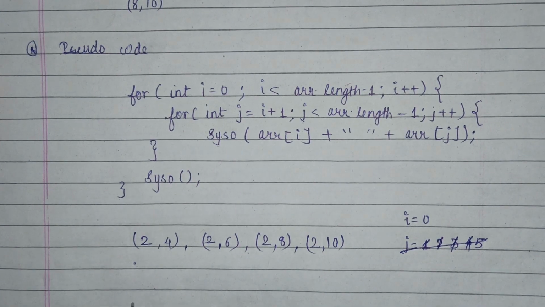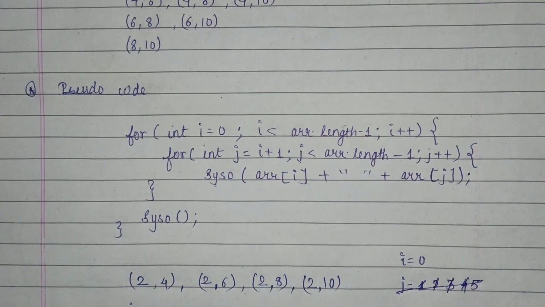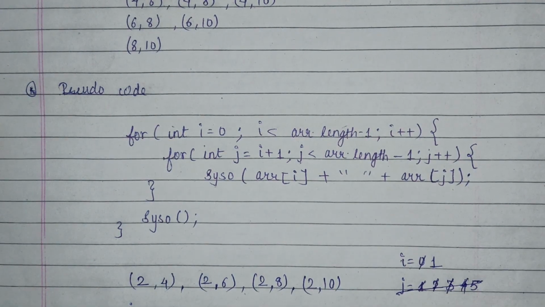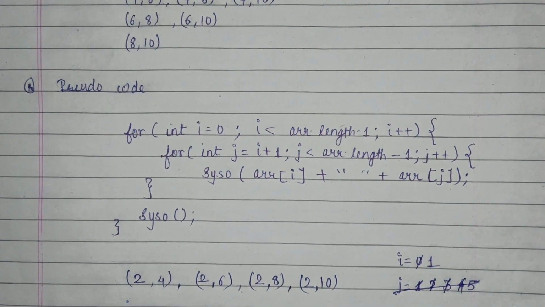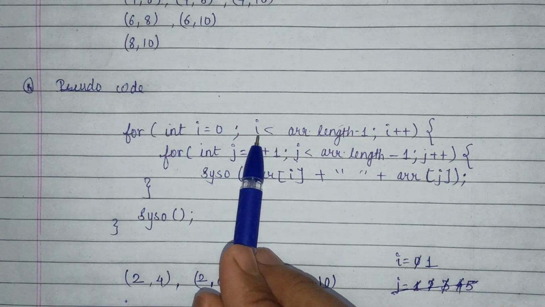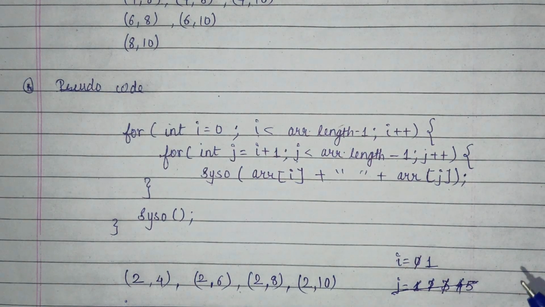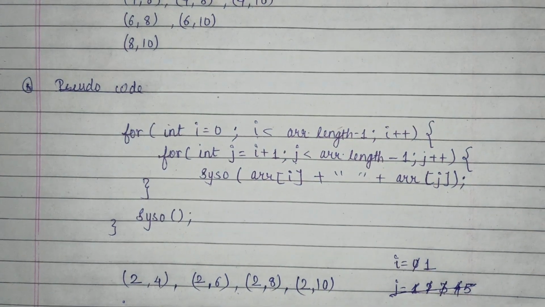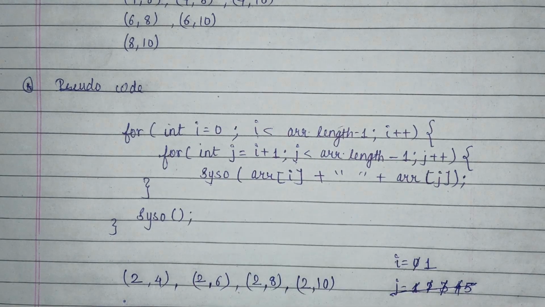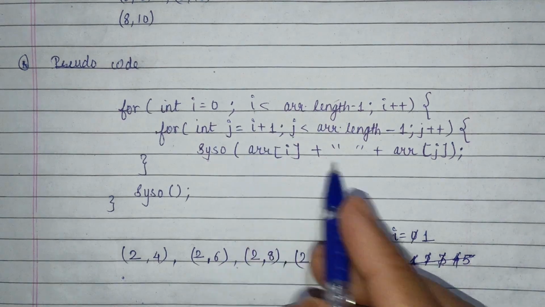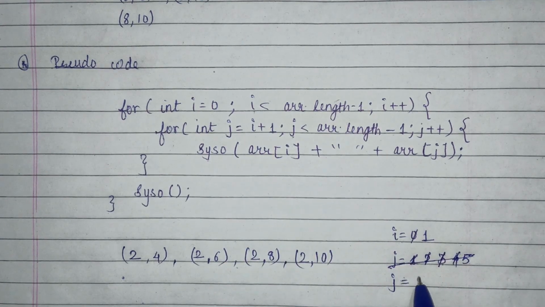The compiler will come here. Now again i value gets updated. i value has become 1, and it will compare with the array length. Is 1 less than array length? Obviously yes, it will be true and it will enter into the inner for loop. And now j value is initialized with 1 plus 1, means it will get 2.